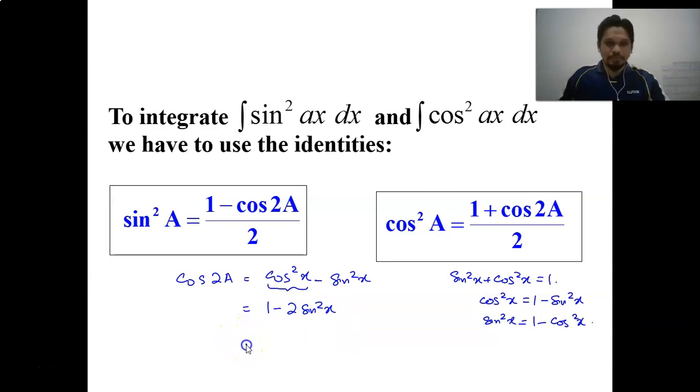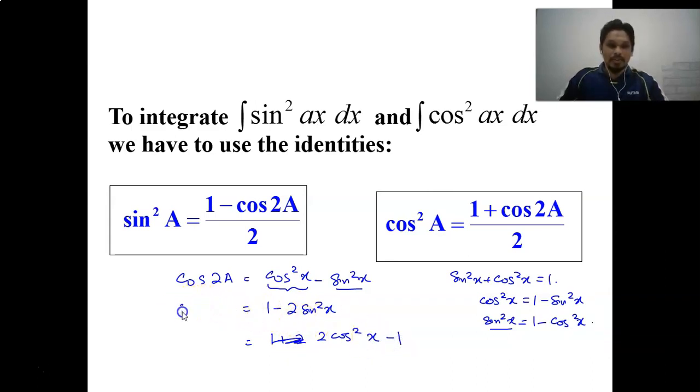And also we substitute sine square x with 1 minus cos square x, and it comes up with 2 cos square x minus 1.